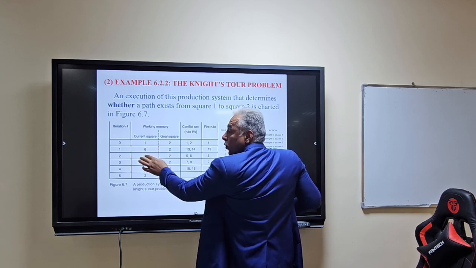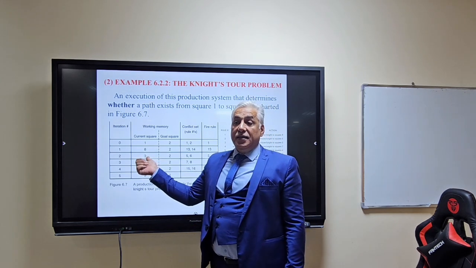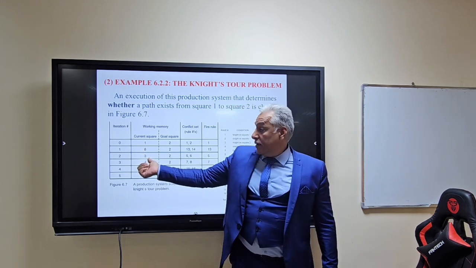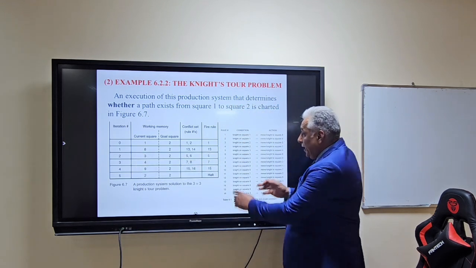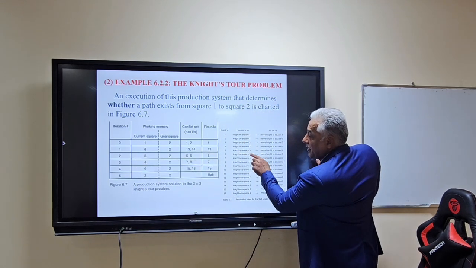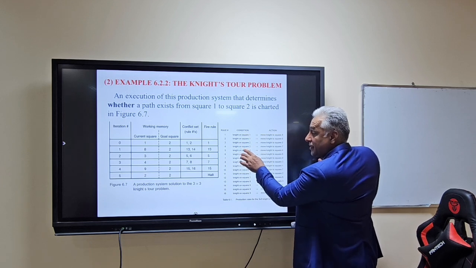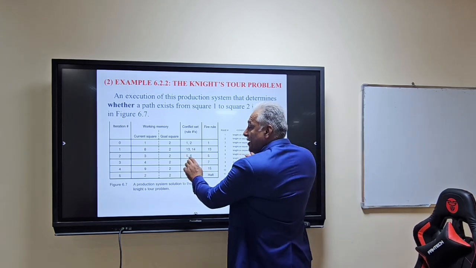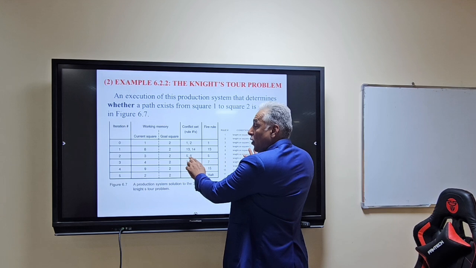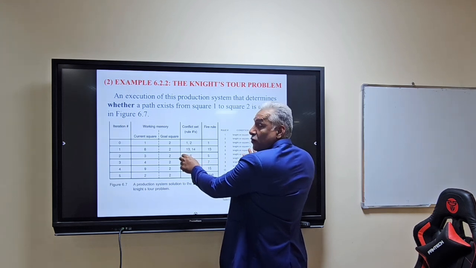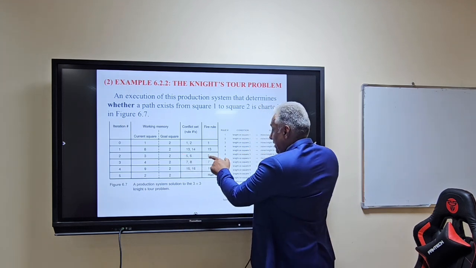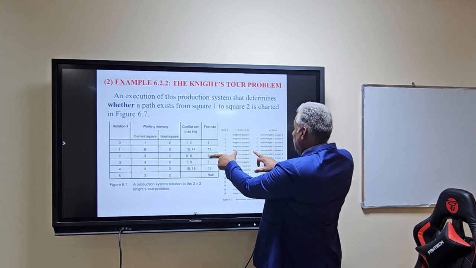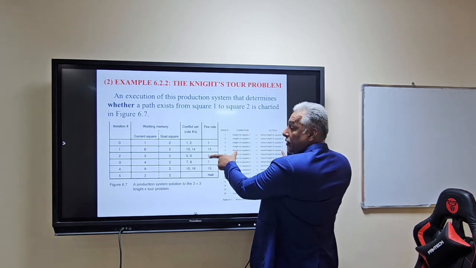Now, which rules have conditions containing 3? Looking for 3: rules 5 and 6. Now I write 5 and 6 as the conflict set. I will select the first one, rule 5. Implementing 5, the knight moves to location 4.